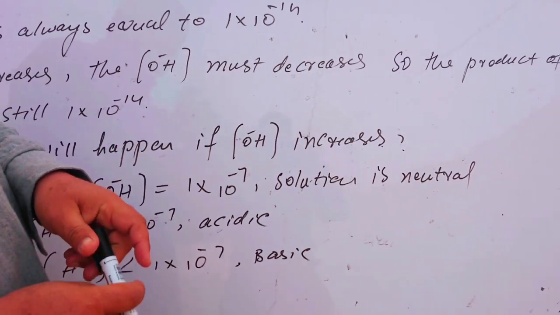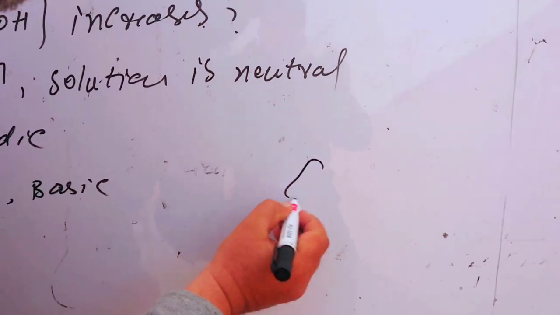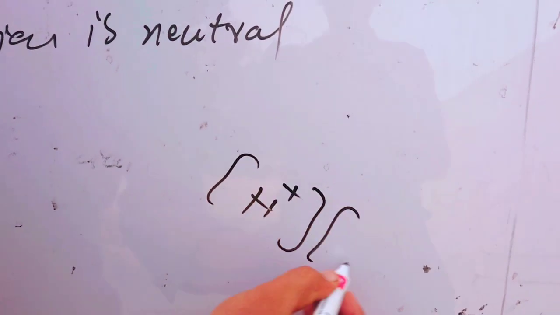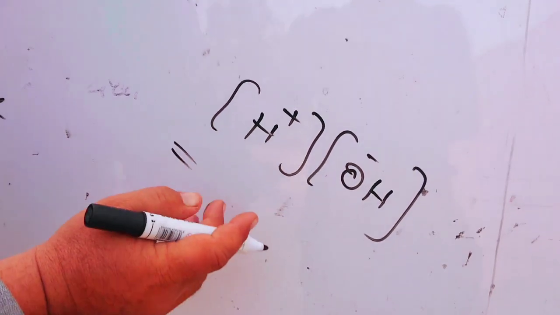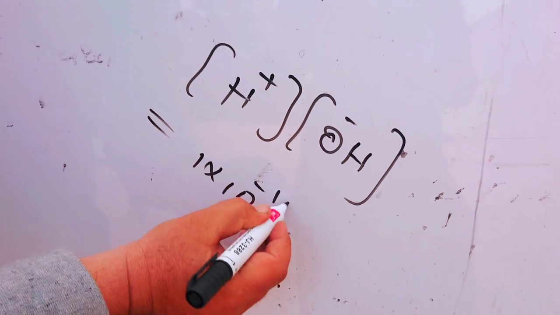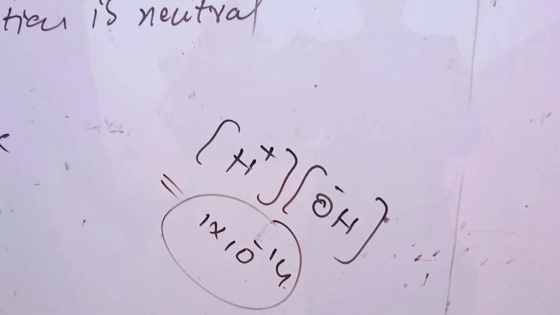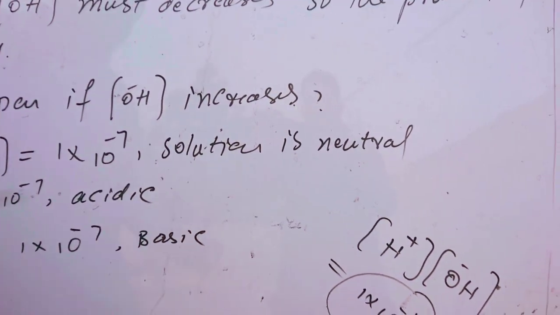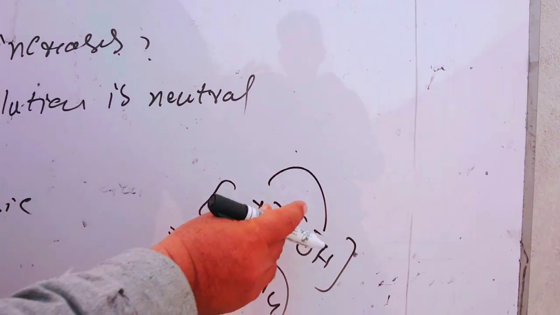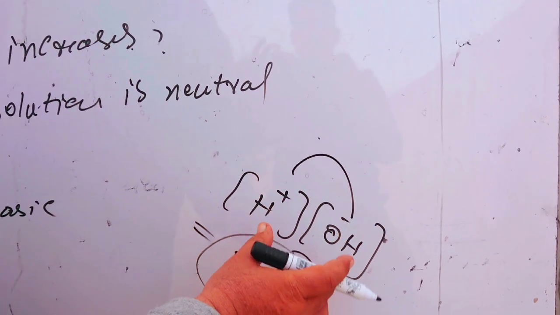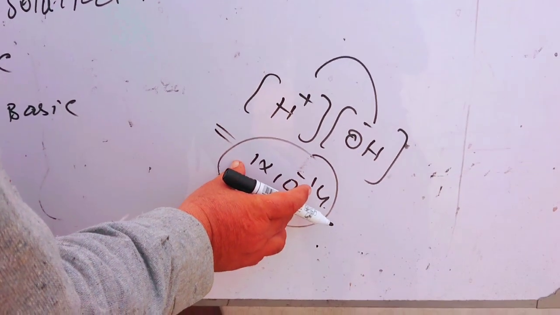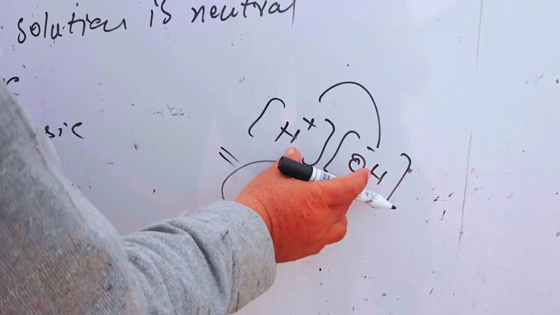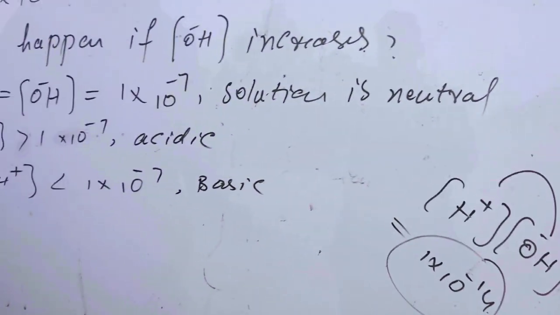We have already discussed this: when these two ions are together, the result is just this one value. So this is actually the product. It is in the multiplicative form, as this value comes from the multiplication of these ions.